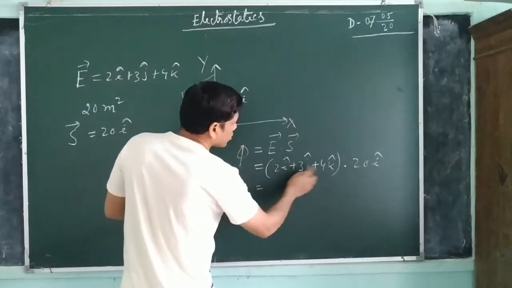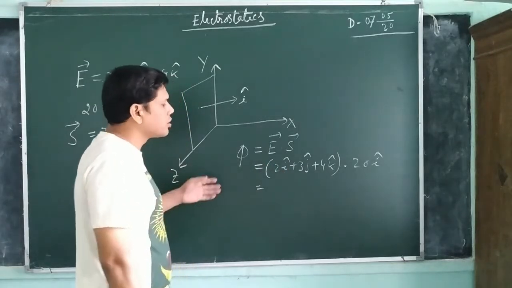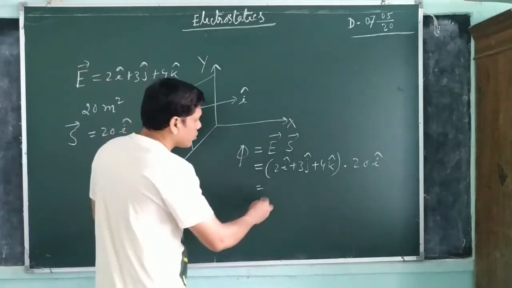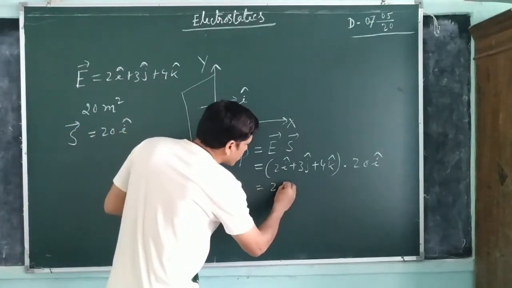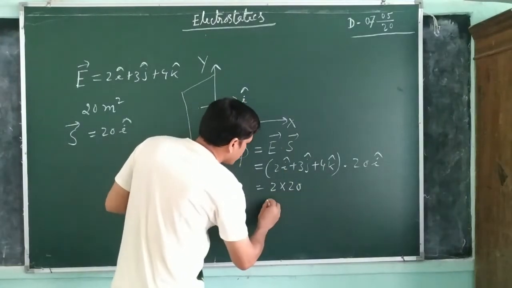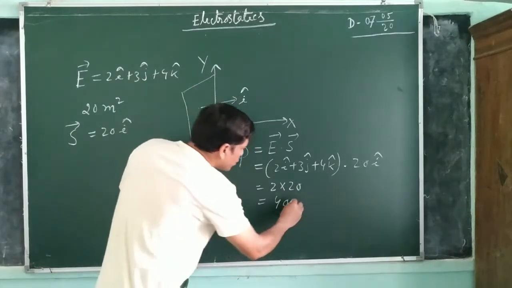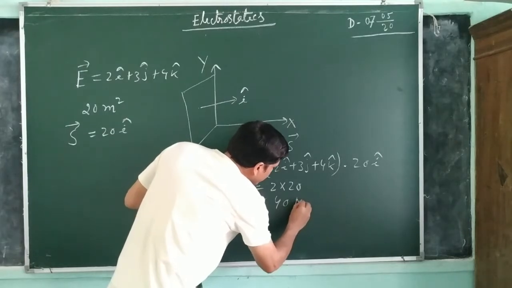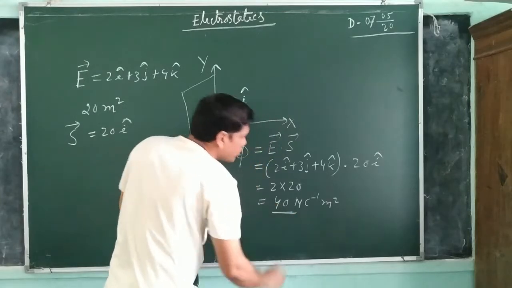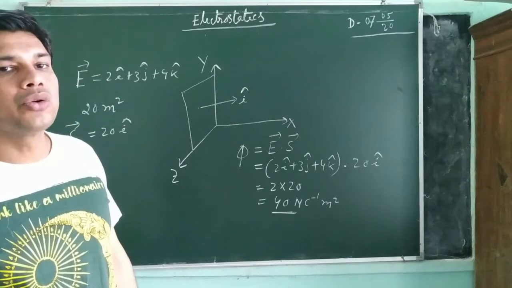Now doing the dot product, according to the rule of dot product, we know i dot i equals 1, j dot i equals 0, k dot i equals 0. So 2 into 20, i dot i means 1, so 40 newton per coulomb meter square. This is the answer. So in this way, we have to find the electrical flux passing through a surface.